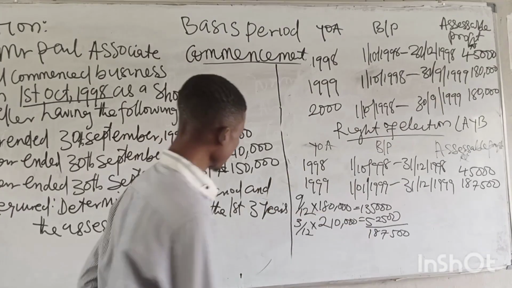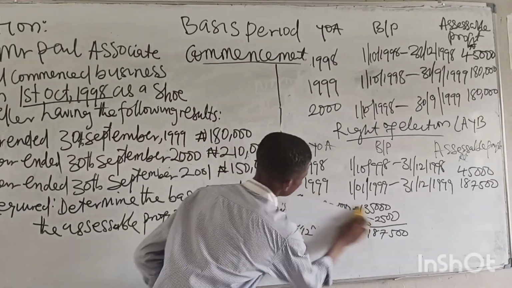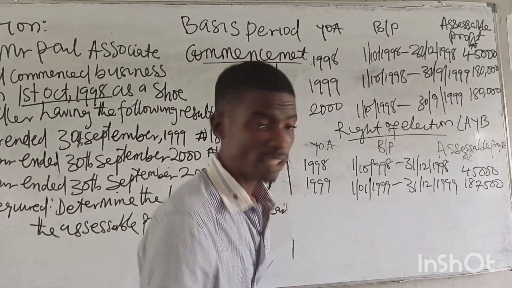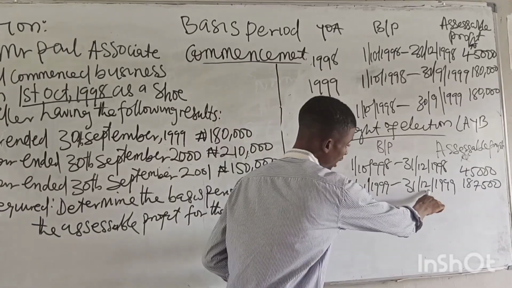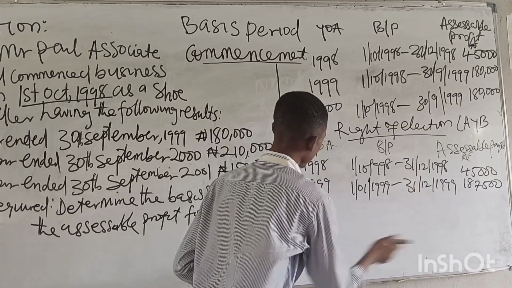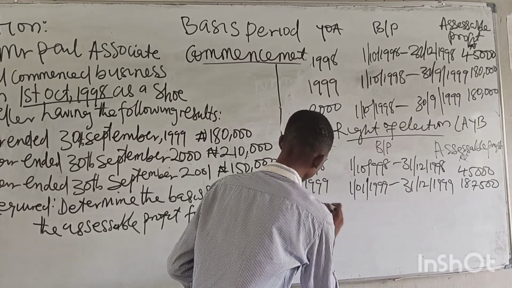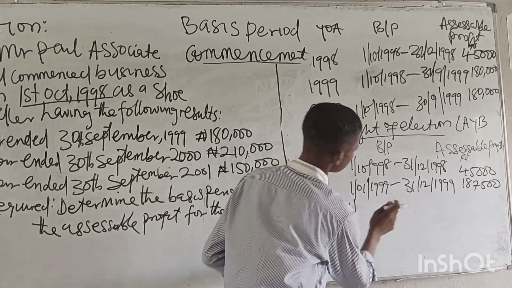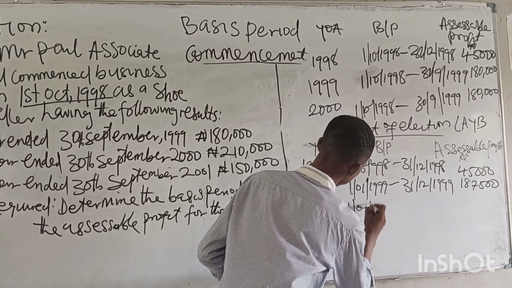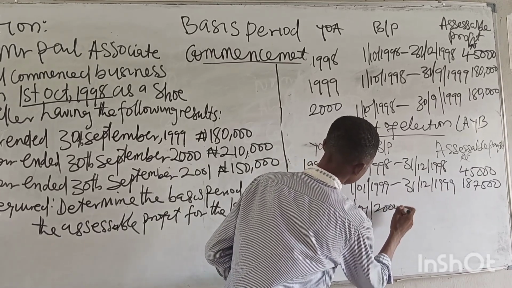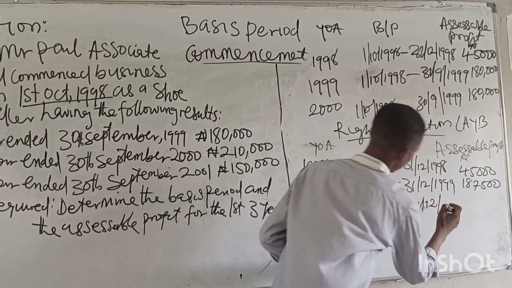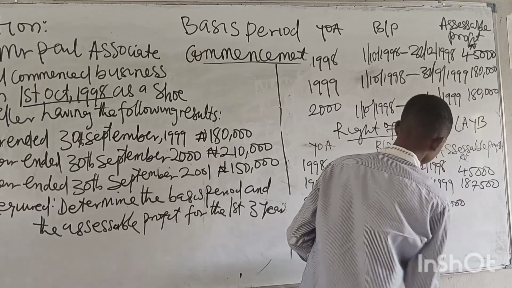Then for the third year now, under the third year, the business will still start from here. And when the business starts from here, we now have for year 2000, it will start from 1st January 2000 to 31st December 2000.